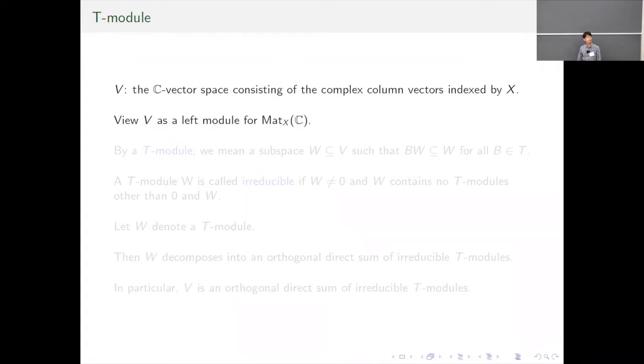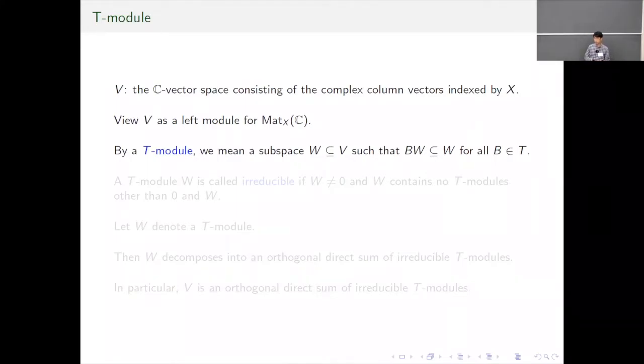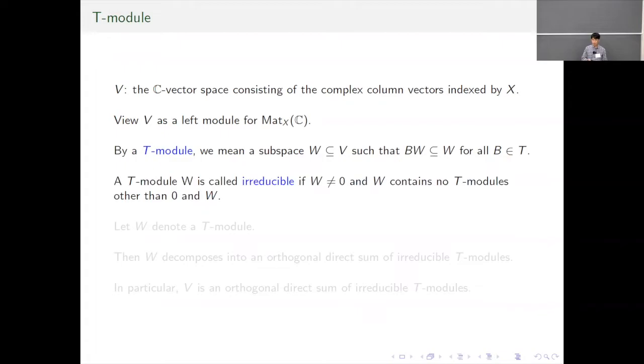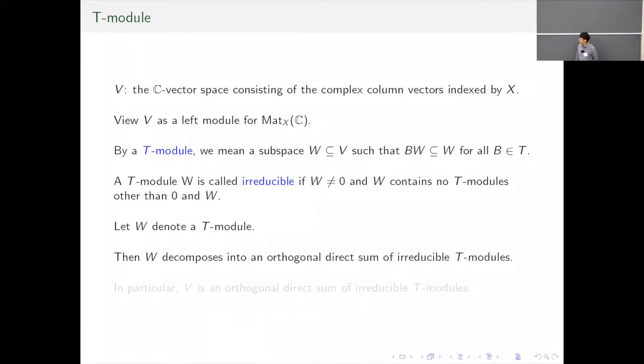Then by a T-module, we mean a subspace W such that bW is contained in W for every element b of T. And we call a T-module W irreducible whenever W is non-zero and W contains no T-modules other than 0 and W. So let's say W denotes a T-module. As we discussed in the previous lecture, W decomposes into an orthogonal direct sum of irreducible T-modules. In particular, the left module V is an orthogonal direct sum of irreducible T-modules. Sometimes we call this the standard module.